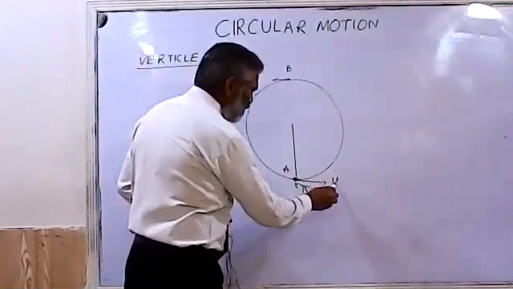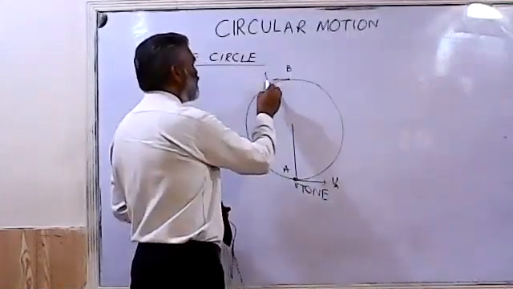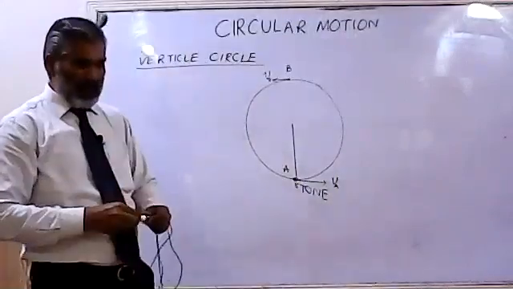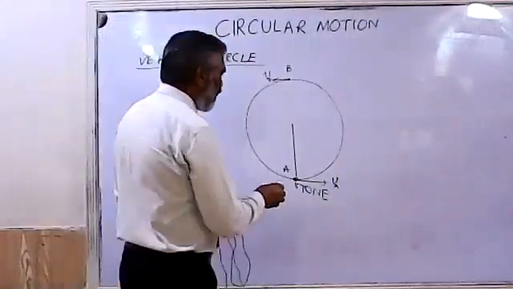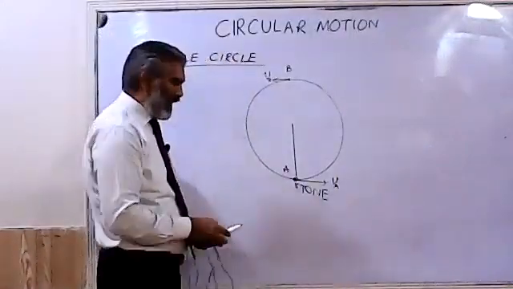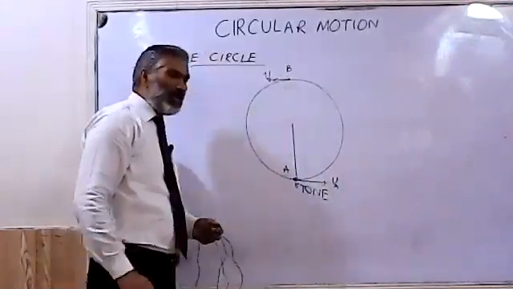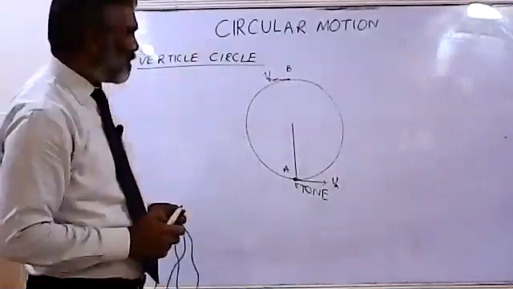If I label this speed as VA and this speed as VB, we will be in a position to derive expressions for the centripetal force that acts at this position A and the centripetal force that acts at the position that is the top of the circle.